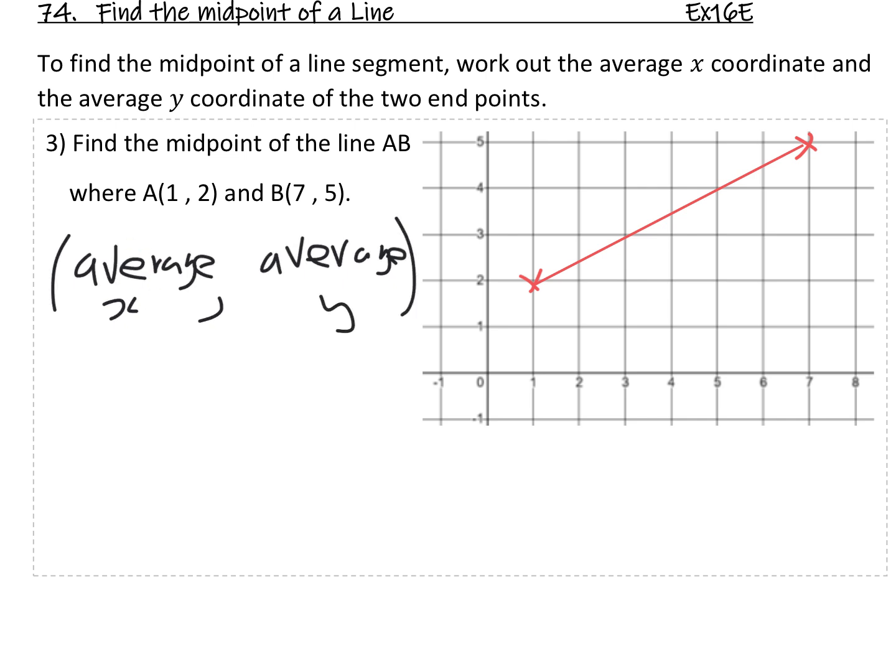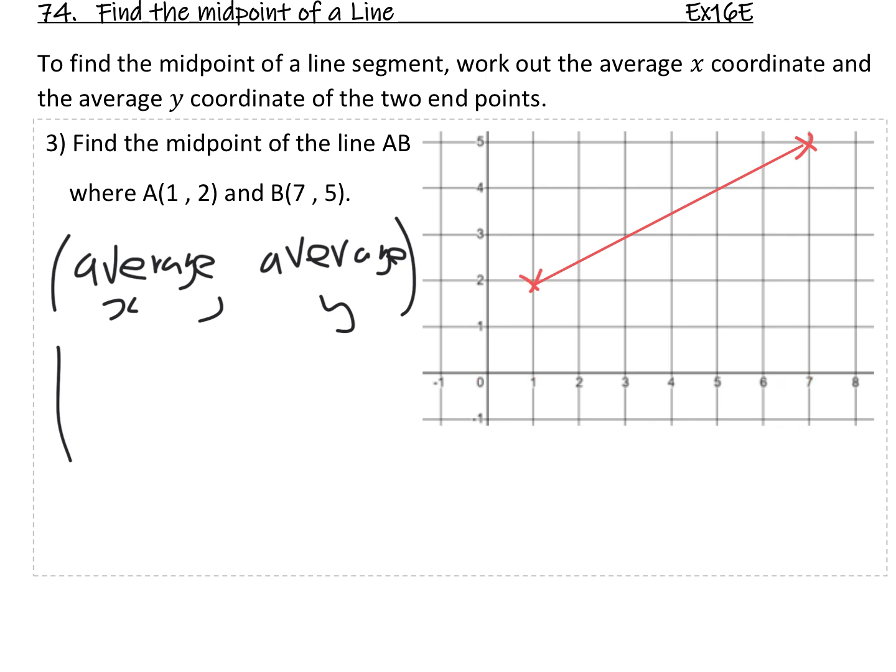Average x would be the first, your x is the first part of that coordinate, and the y is the second part. So let's get the average x. This line goes diagonally, but in the horizontal sense, it's going from 1 across to 7. This point is 1 away from the origin.